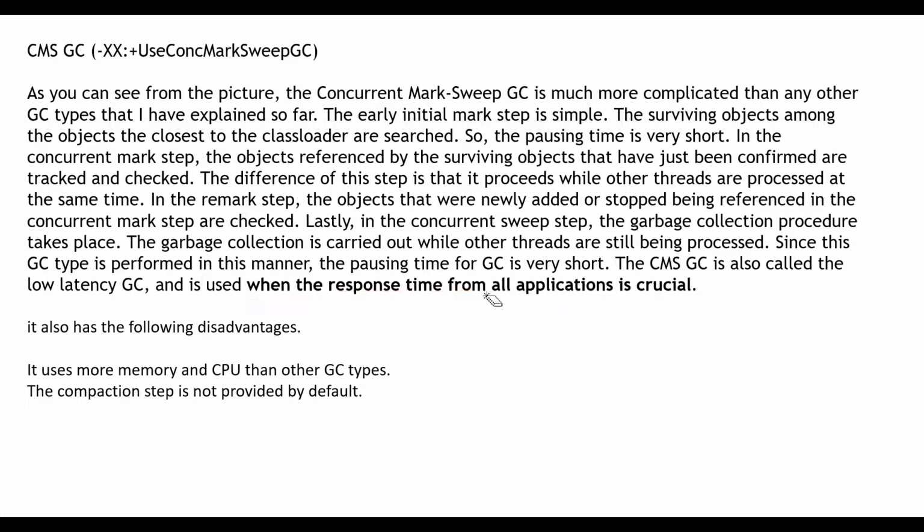Though we have very good response time, one of the disadvantages is that it uses slightly higher CPU and memory than the other GC types, because there are a few other steps: initial mark, then remark, then concurrent sweep, which use multiple threads.